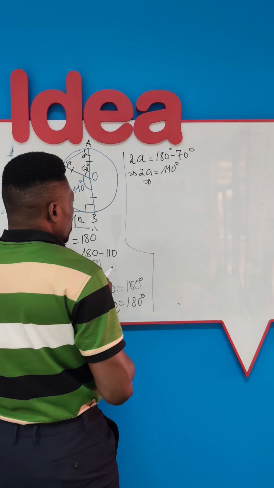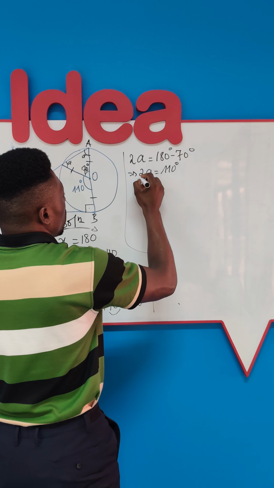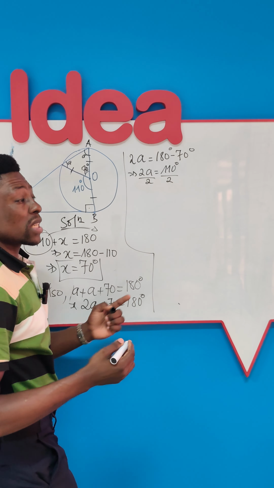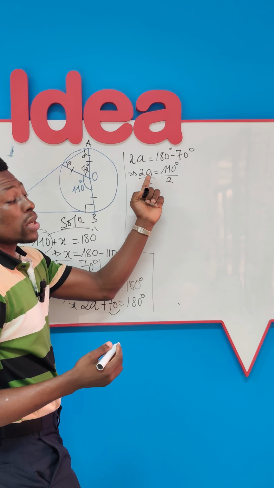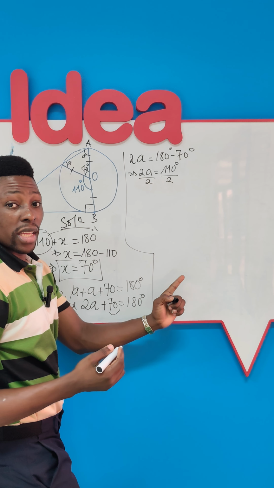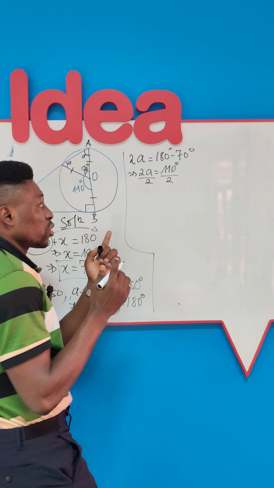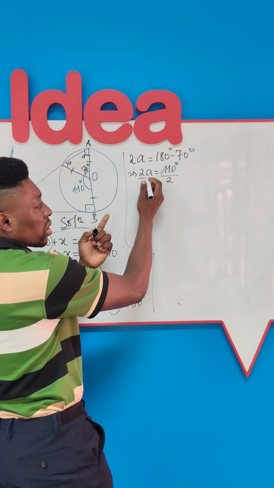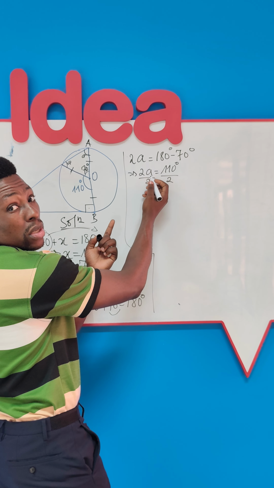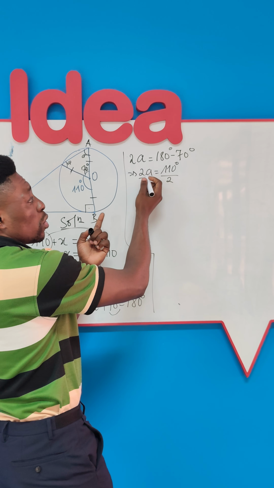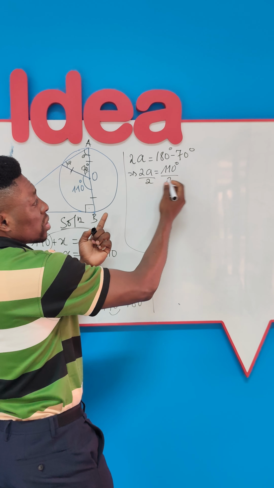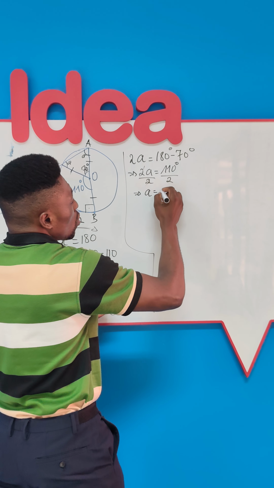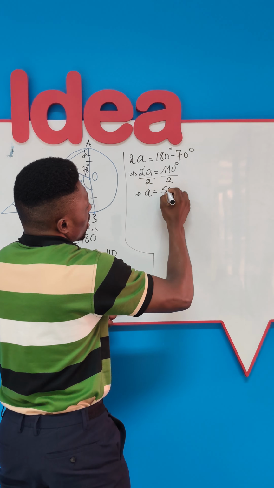And to find A at this point, dear friends, we divide both sides by 2. It's no longer the square root because this time around, 2 here is a coefficient of A. All right, it's a factor with A. So to separate them, we're going to do the opposite of what brought them together. And what brought them together was multiplication. All right, if we have 2A, it was 2 times A. So we have now to divide both sides by 2 and have this. This means A is going to be equal to 55 degrees.